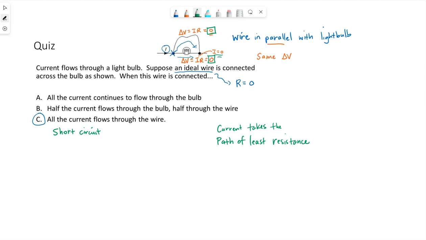Now, if we had in parallel the light bulb with something that had resistance, some current would go through both. They would not have the same amount of current unless they had the same resistance as well. Whichever resistor was bigger would have the least current.